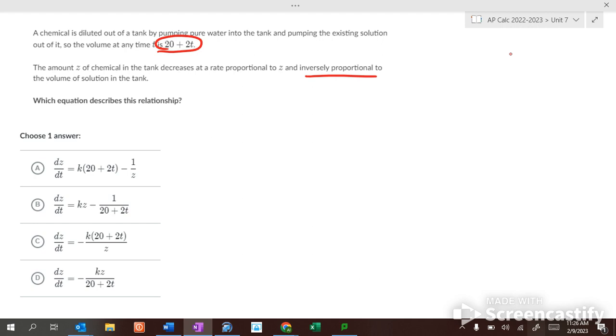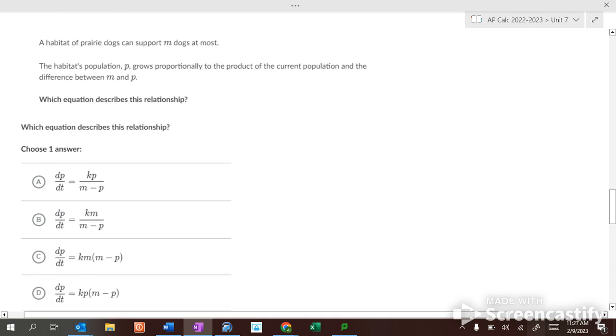That's inversely proportional, so this should be on the bottom. It's proportional to z, so z should be on the top of the fraction. So this is our numerator, this is our denominator, and then it's dz over dt, and so it would be choice D.